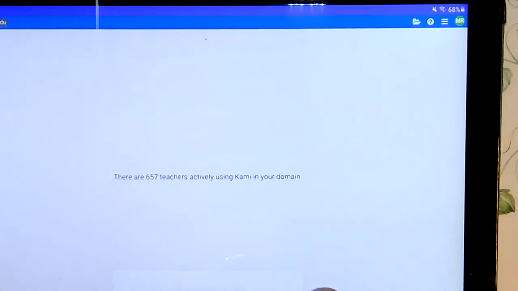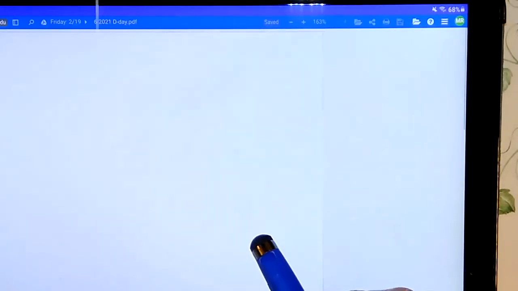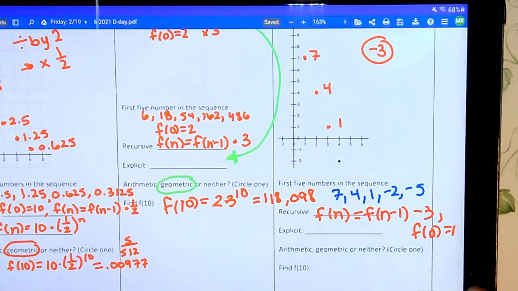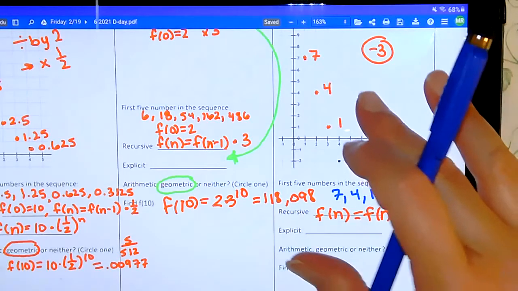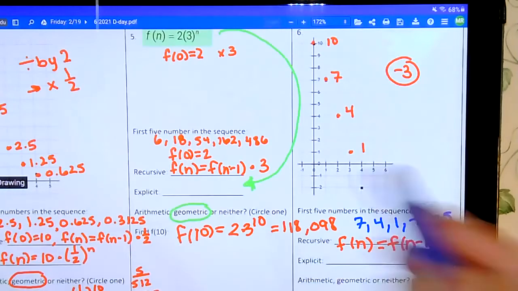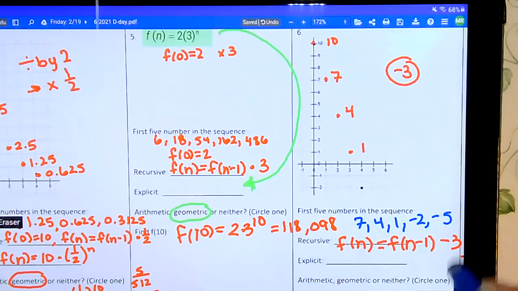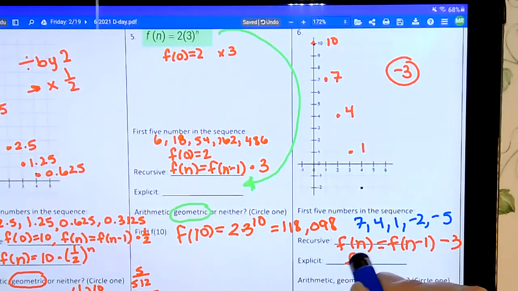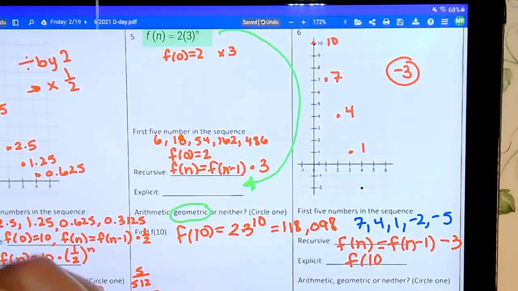Let me erase this. I'm running too close to the edge there. So this is f of 0 is equal to 10.